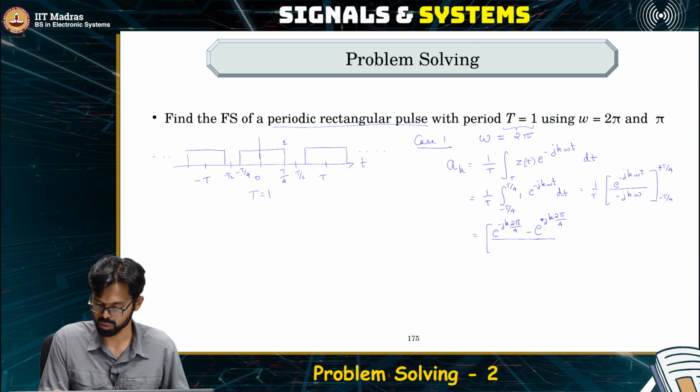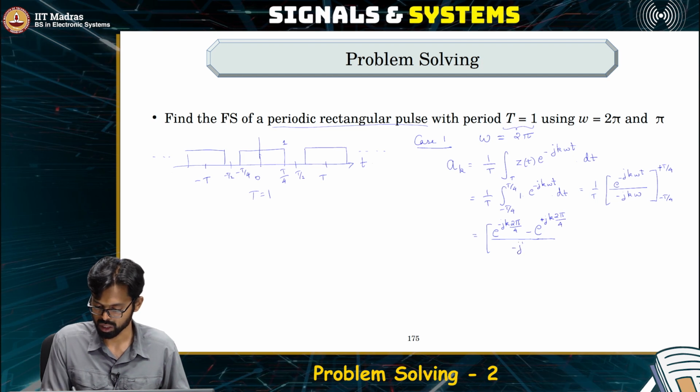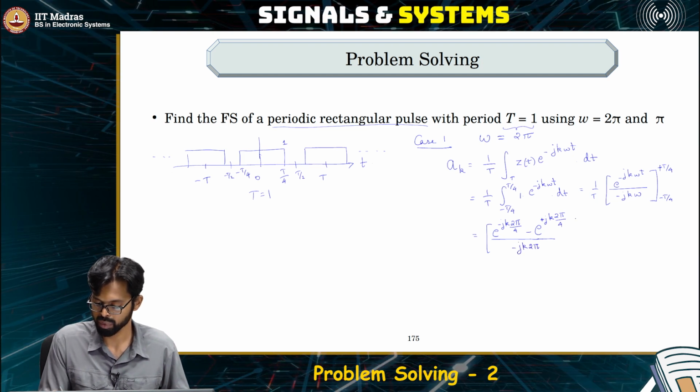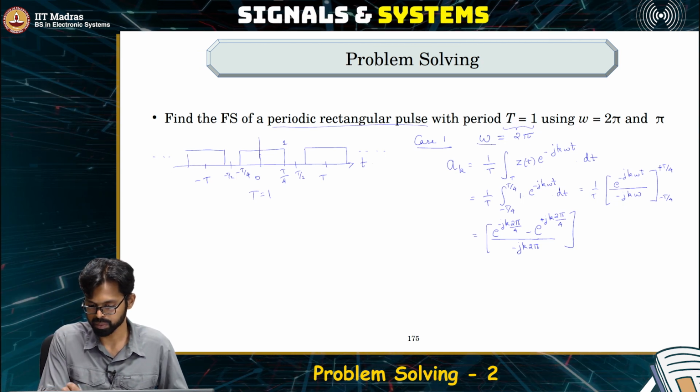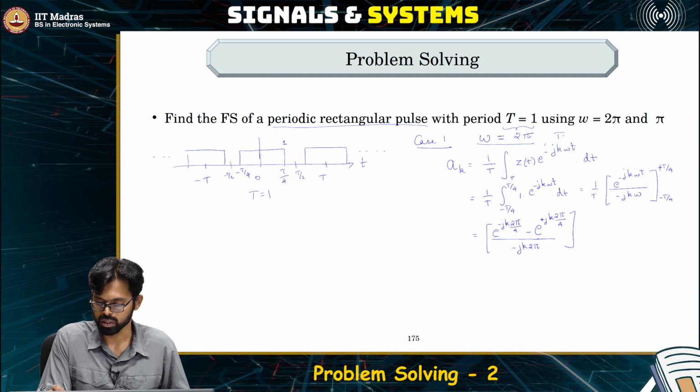There is a minus here, so it becomes plus j k 2 pi. So all we did was just substitute omega is equal to 2 pi and then T is equal to 1.